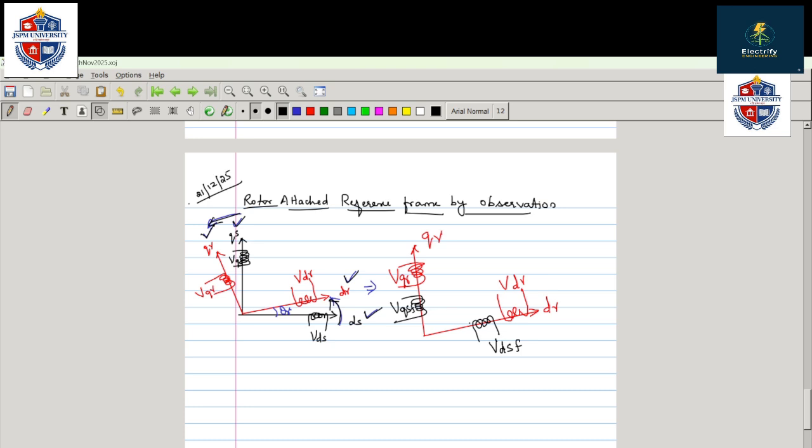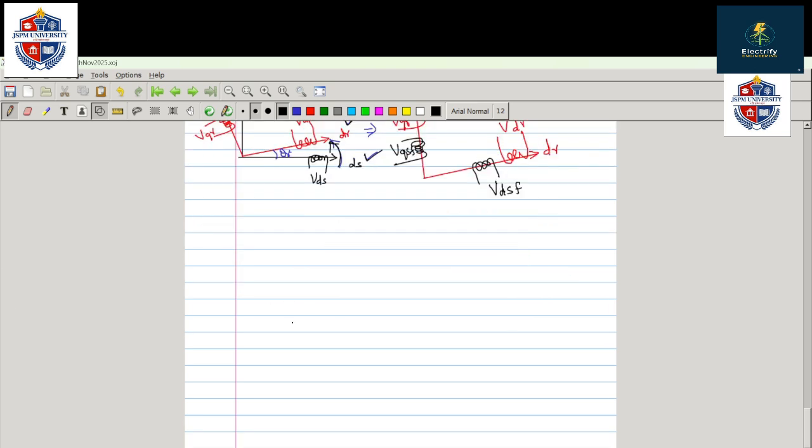So now the stator windings are fictitious here. The angle between the stator and the rotor will be theta r.